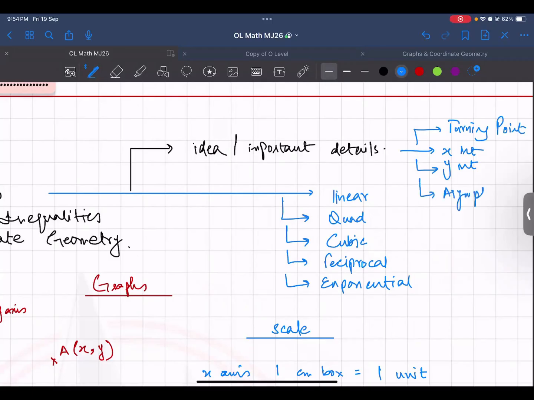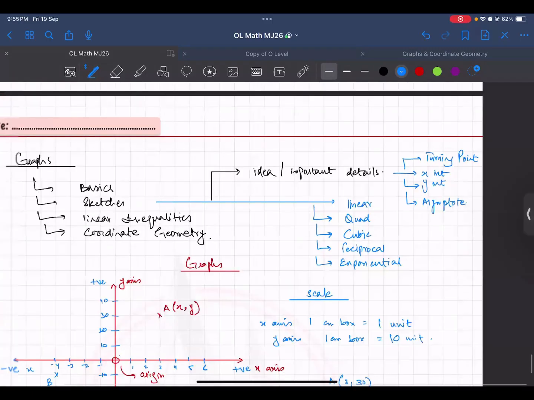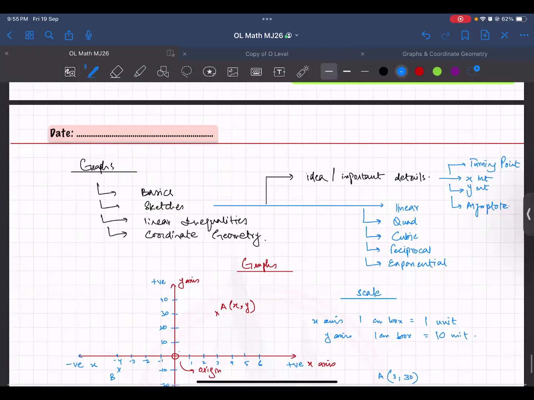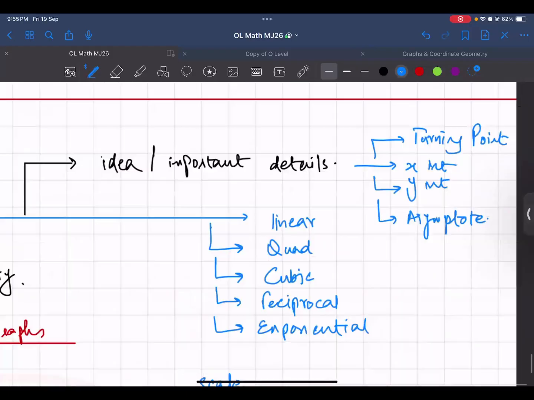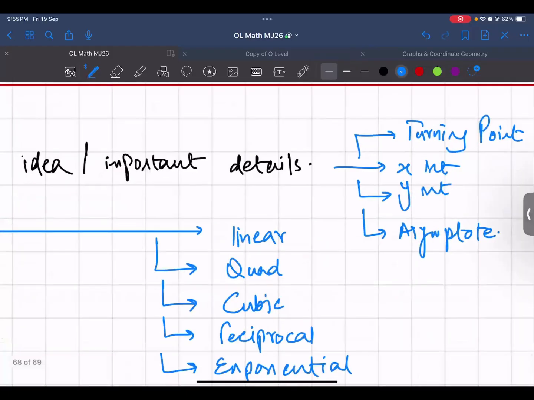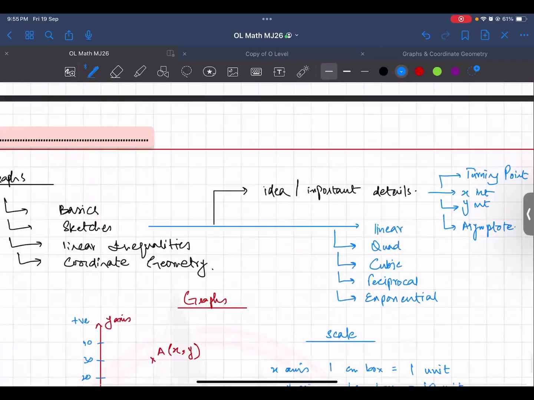You will learn what are asymptotes. So when you will sketch the linear, quadratic, cubic, these equations, reciprocal, exponential, you will show the x-intercept, the y-intercept. If there are asymptotes, you will show them. If there are turning points, you will show them. And the general, what do you say, the flow of the curves.